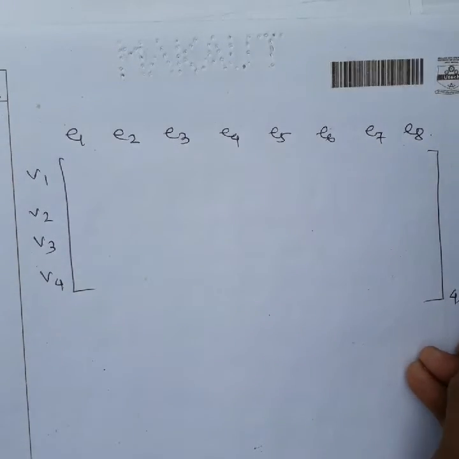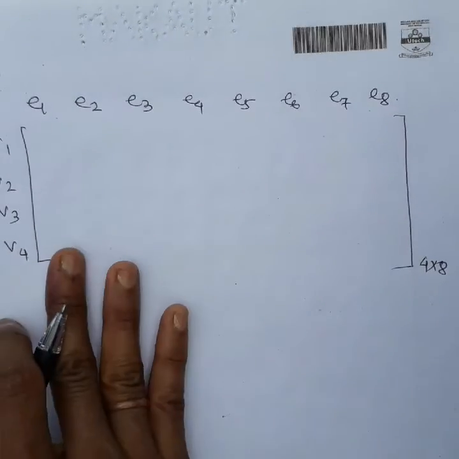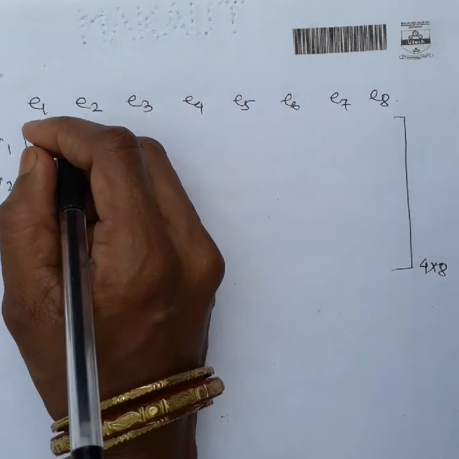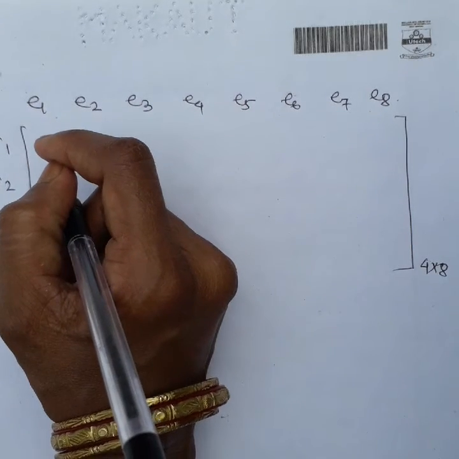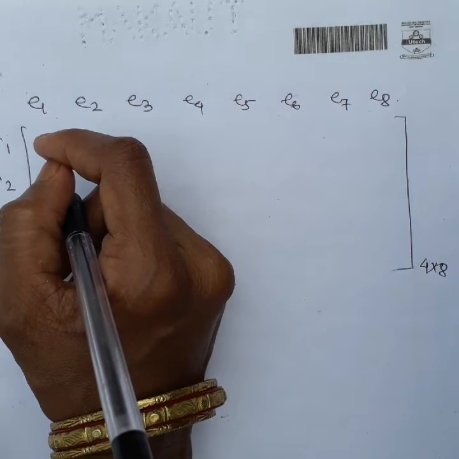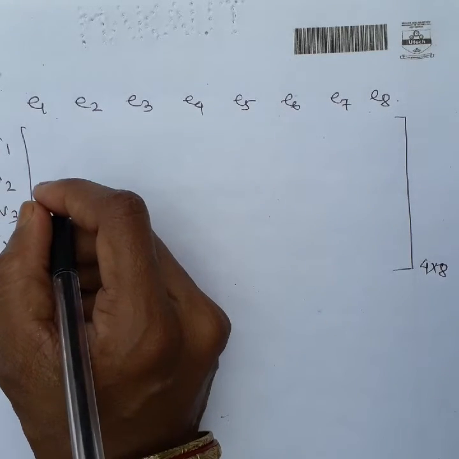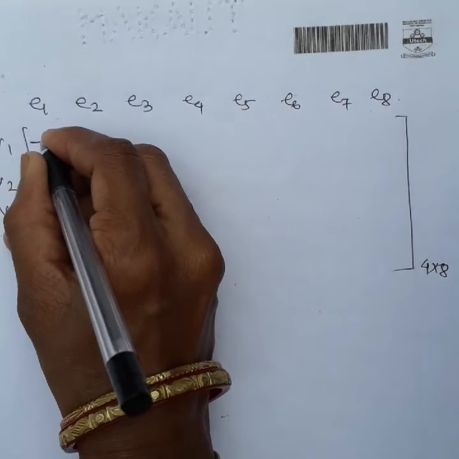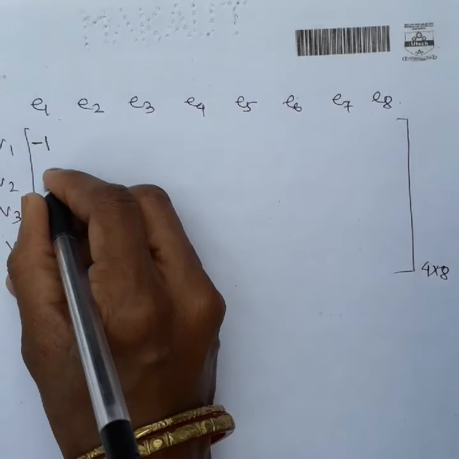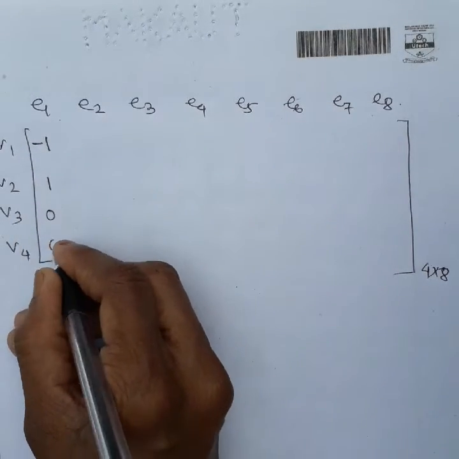So it is a 4 cross 8 matrix. Now edge E1 is connected between V1 and V2, but it is incident into V1, incident out of V2. That means V1 is -1 and V2 is +1. Others are 0.